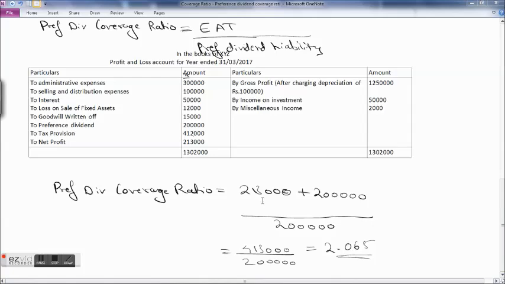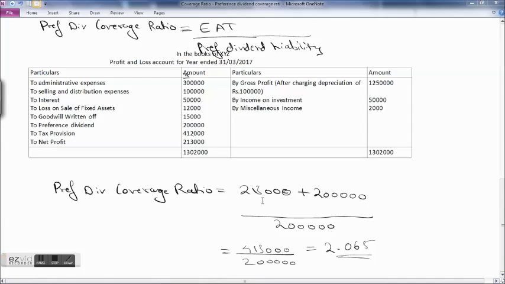Now, the preference shareholders are owners of the company. If you see this preference dividend coverage ratio, we have taken earning after tax. So we have considered all the expenses, whether operating expenses, non-operating expenses, cash expenses, or depreciation, everything. Now, why is that considered? Preference shareholders are owners of the company, correct?